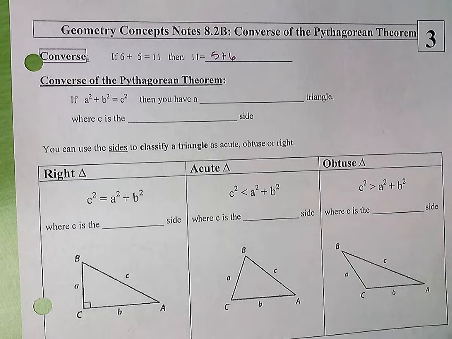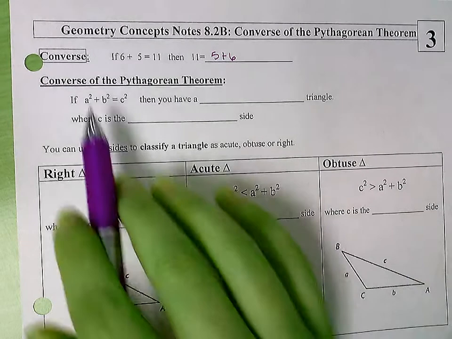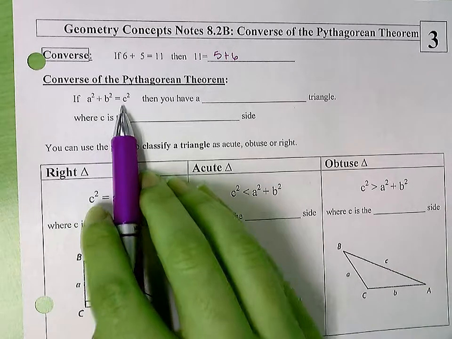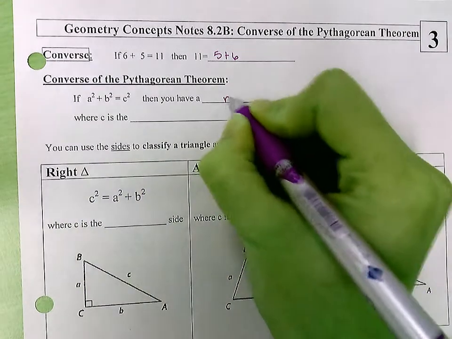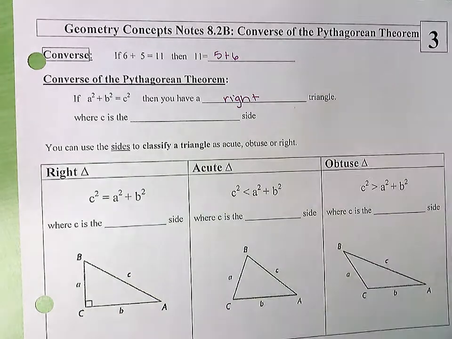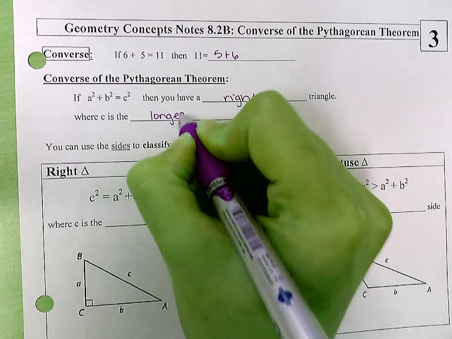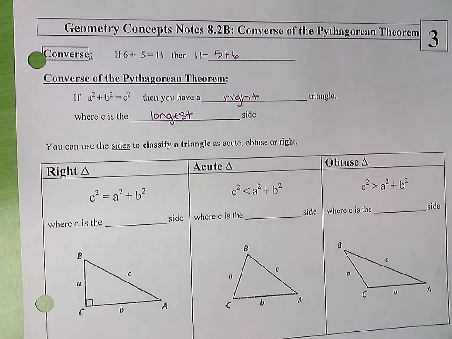So the converse of the Pythagorean theorem is: if a squared plus b squared equals c squared, then you have a right triangle where c is the longest side. Your hypotenuse is always going to be your longest side, so c will be our longest side.